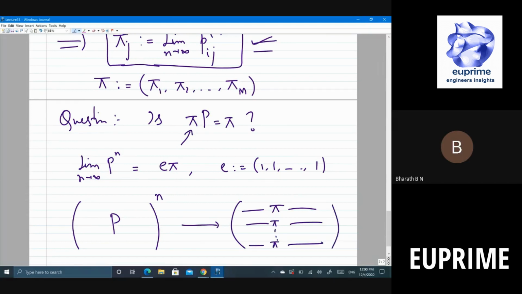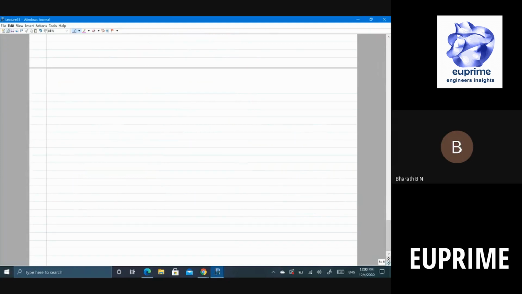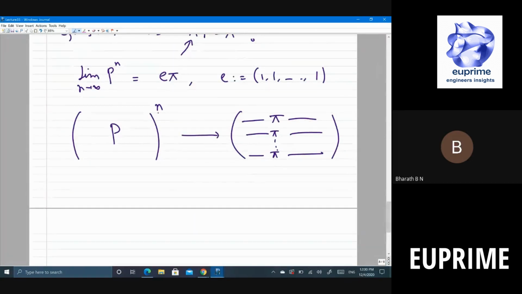Right? Now, this is P, so if I multiply by P, what will happen? I'll get this, right? Do you agree? But what happens to this as n goes to infinity? Because as n goes to infinity, P power n is pi, I mean, all the rows will be pi.